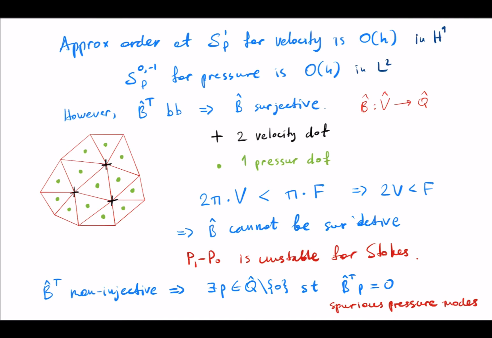To prove that it is unstable on a general mesh, in this lesson we are focusing only on the two-dimensional case. So in two dimensions, we can do this counting. You count the interior angles at each vertex, and you sum all those angles.